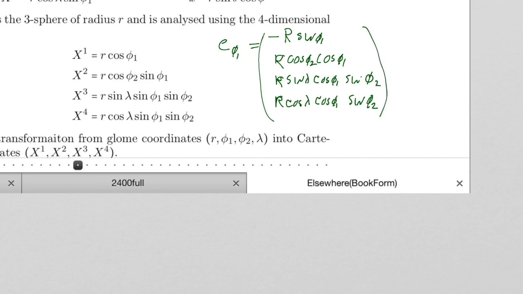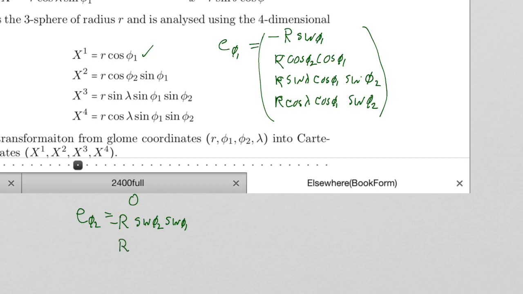And we could do the same for the second basis vector. We could write E phi 2 equals, and let's see, going back to this guy, well, that's 0. And then this will be minus R sine phi 2 sine phi 1.